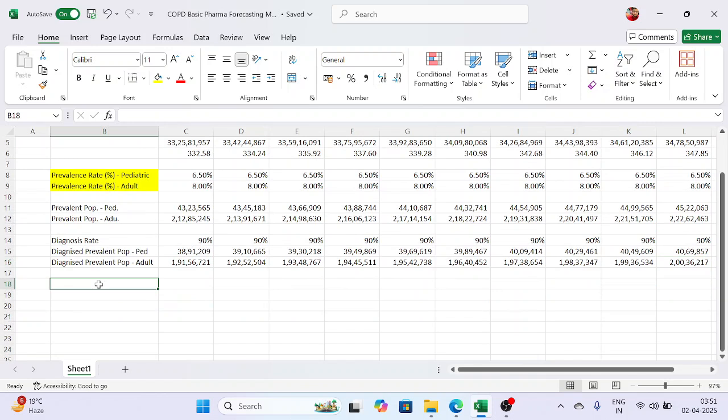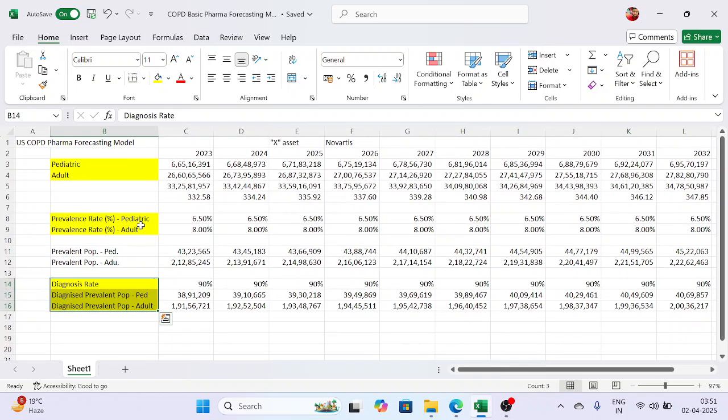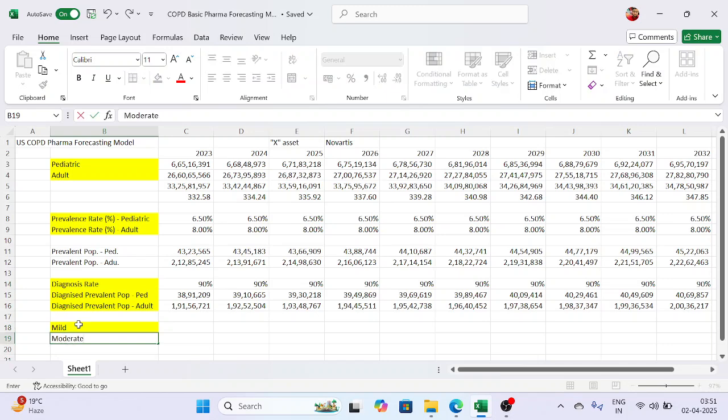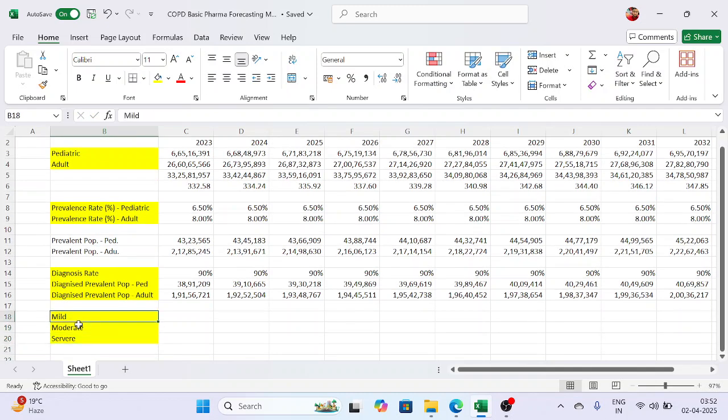Now after the diagnosed population, or diagnosis rate, if you remember our last video, we will be segmenting the disease. So let's say for simplicity's sake, there are patients who will have mild COPD cases, moderate COPD cases, and severe COPD cases.